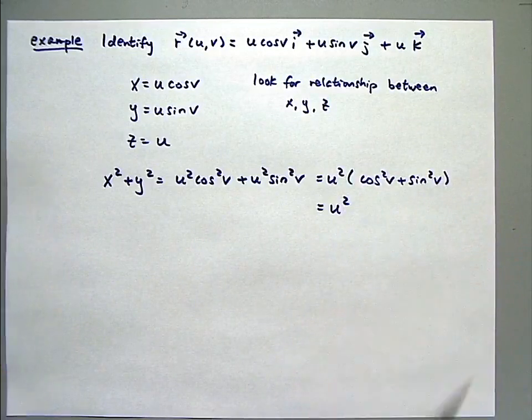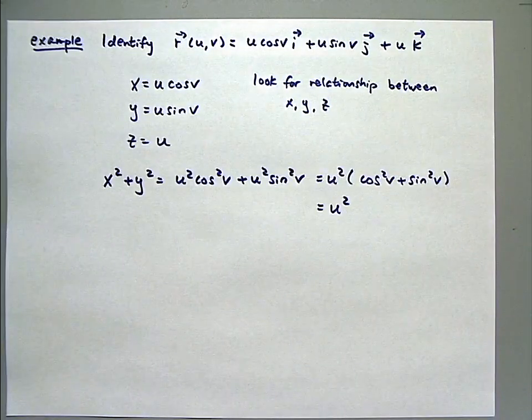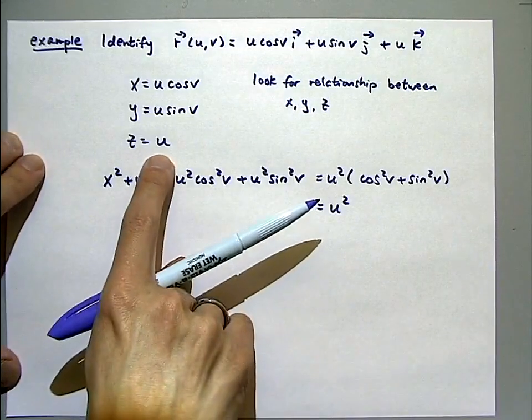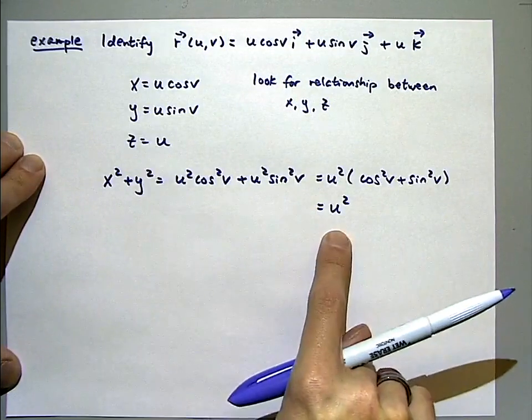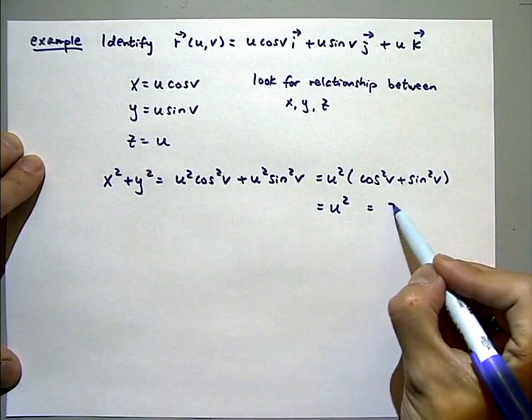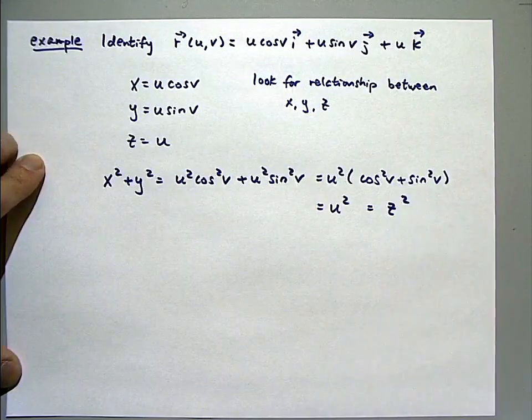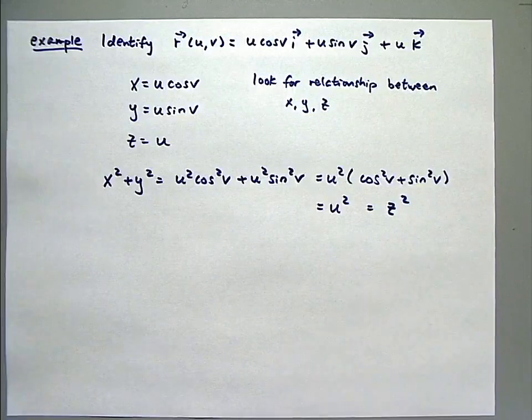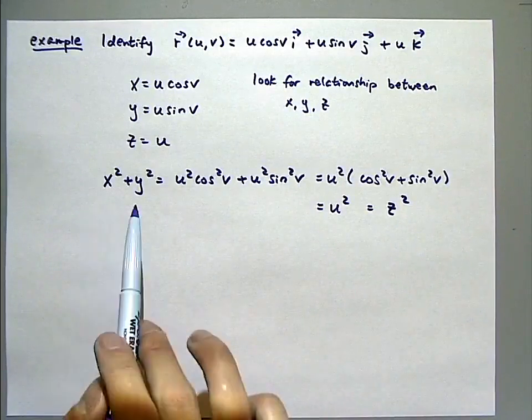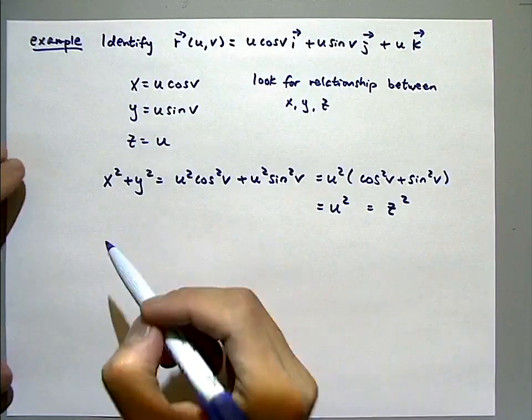So if I add the square of x and the square of y, I get u squared. But knowing that z is u, this tells me that this is also equal to z squared. So here's the relationship I wanted, between the three variables, or as many of them as you can get: x squared plus y squared is equal to z squared.